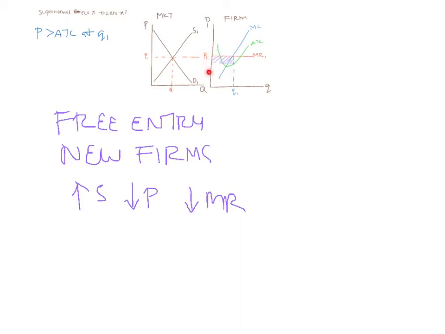If price falls, there'll be a new line, and that line will be your new marginal revenue line. So there will be a new Q star, which in this case will be Q2. We're going to draw it in such a way that we end up at zero economic profit.